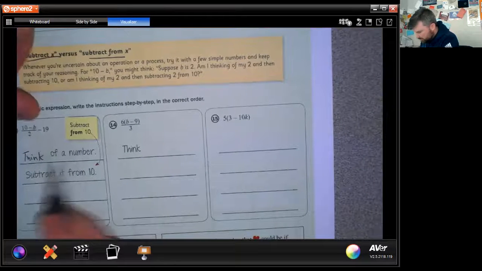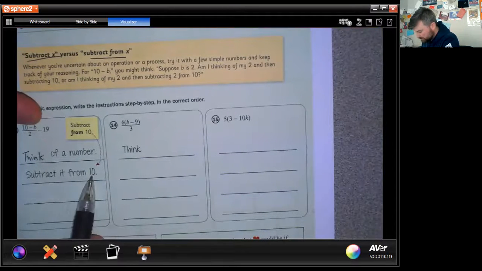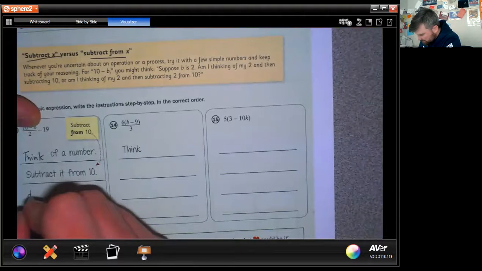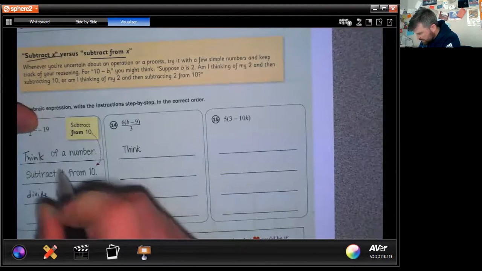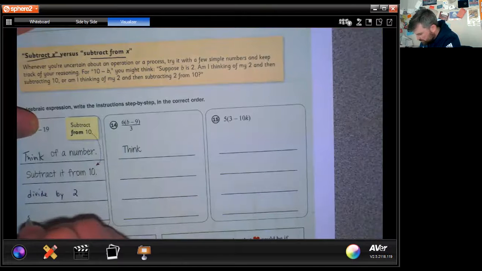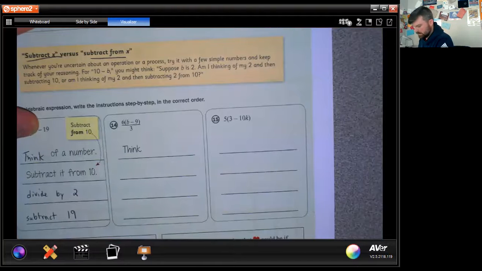So we got think of a number, B, subtract it from 10, divide by 2, and then we subtract 19. Okay. Notice the word from is in here, but not in this one.